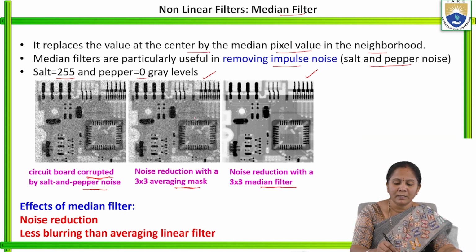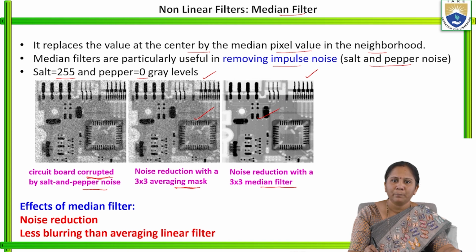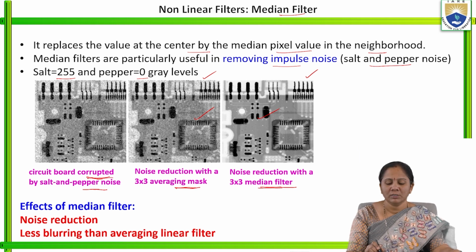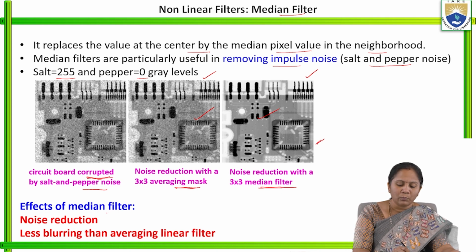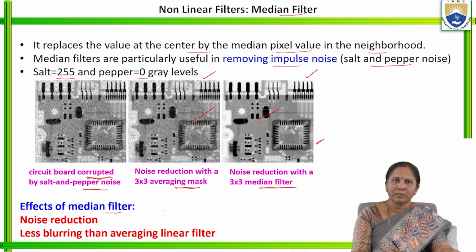If you compare these two images, the image where we applied the median filter has less noise. The third image has higher quality. So what are the effects of using the median filter? It is used to reduce noise.